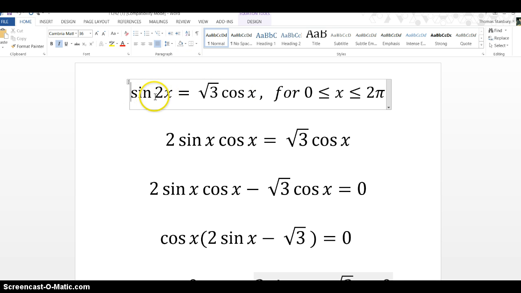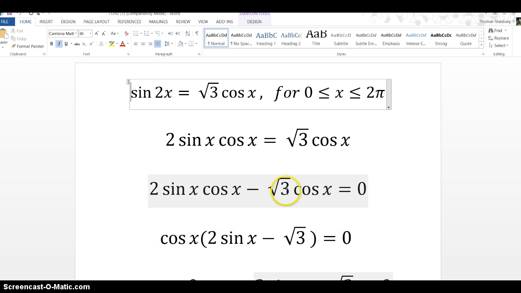This is just like the first problem. Sine 2x, we'll substitute our double angle formula, 2 sine x cosine x equals root 3 cosine x, okay? We're going to get everything on one side. We'll subtract root 3 cosine x from both sides. So I move this over here, and I've got 0 now on the right side, okay? Now let's factor out something.